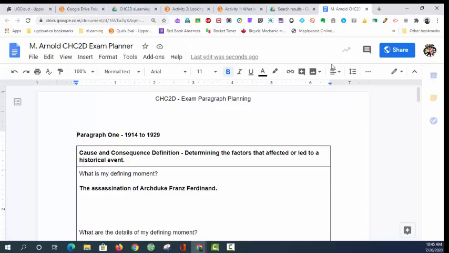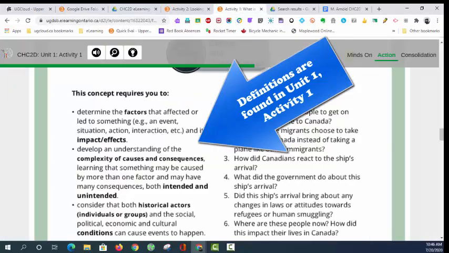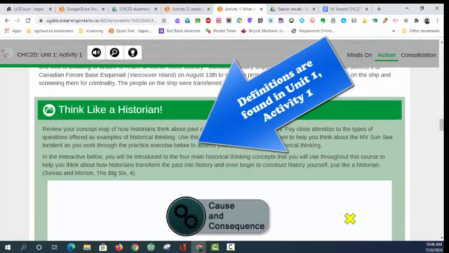The first piece of information that you are going to need for your exam planner are the definitions of each of the historical thinking concepts. You can find these definitions in Unit 1, Activity 1, under Think Like a Historian.